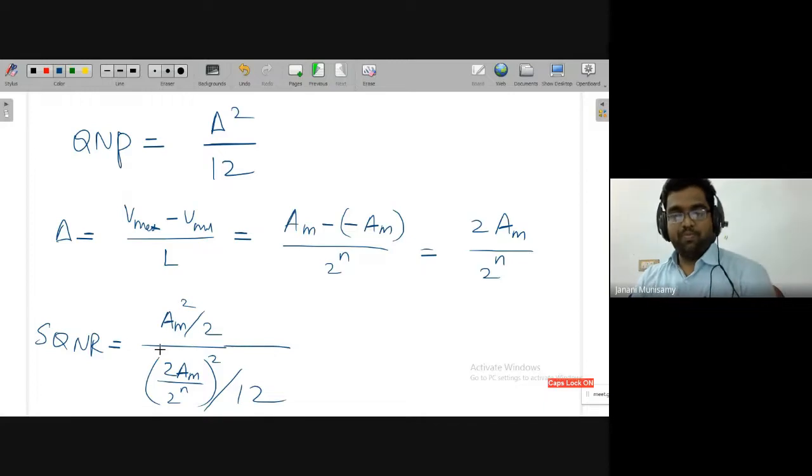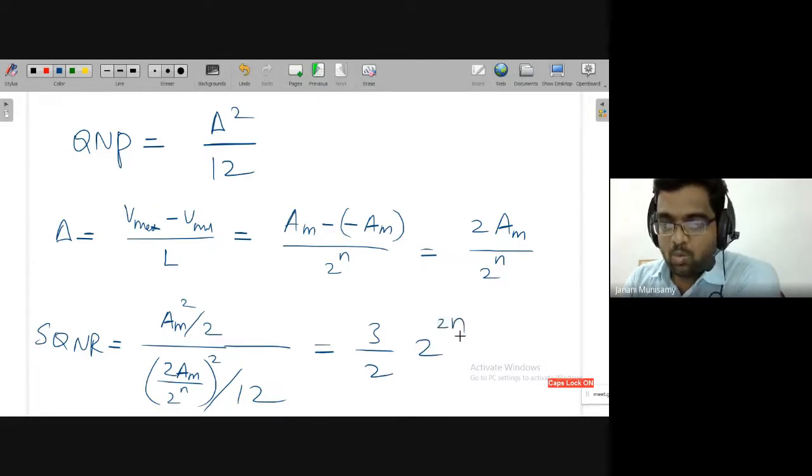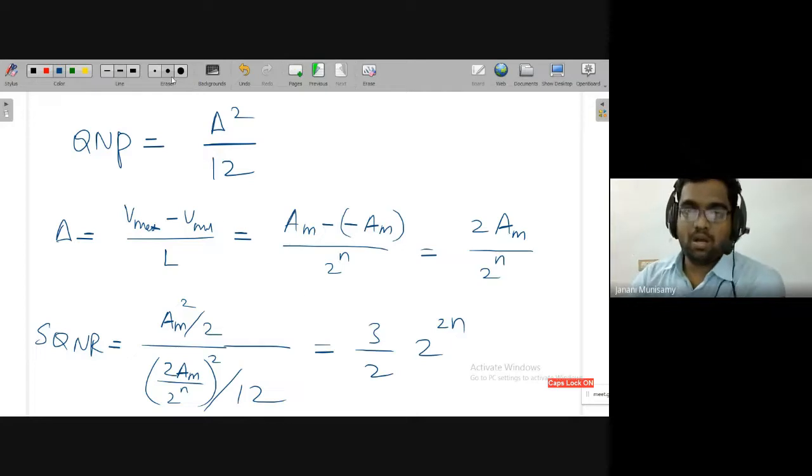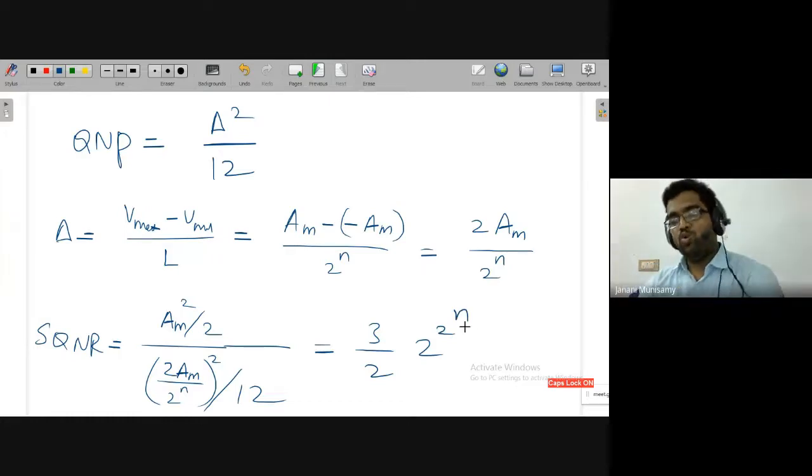If you solve this carefully, a very simple mathematics, finally you will get 3 by 2, 2 to the power of 2 power n.